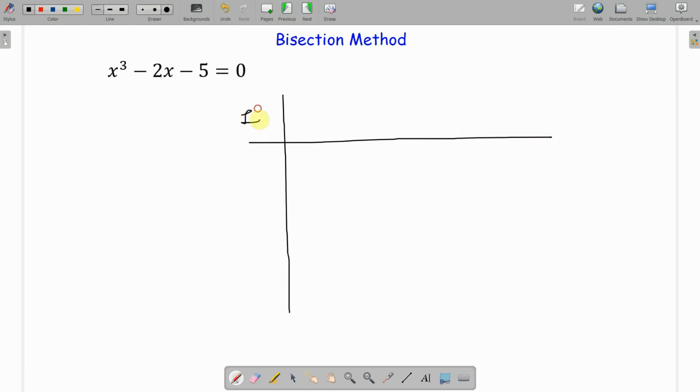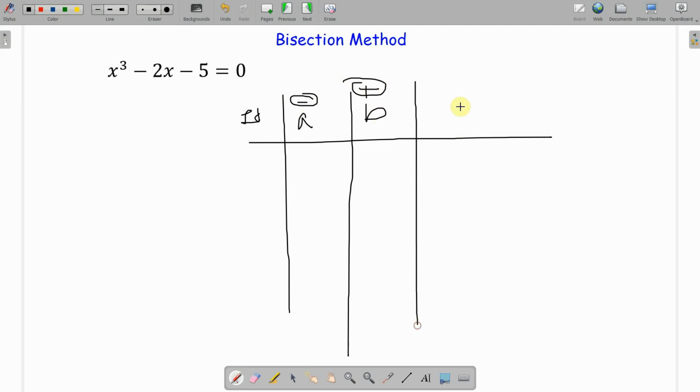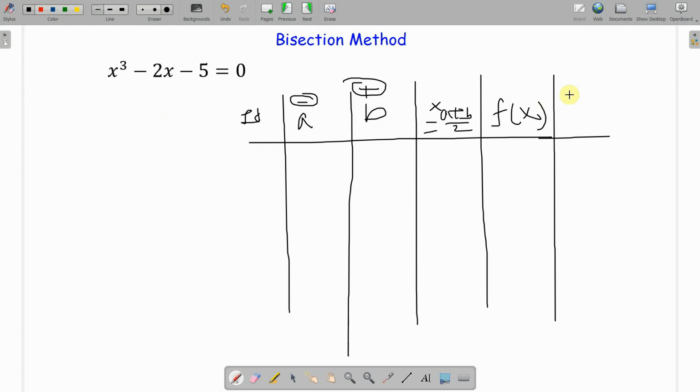So we'll be putting iteration, then A negative, then B positive, then you have the x value which equals (a plus b) by 2, then you have the f(x) value, and this will be your remarks.